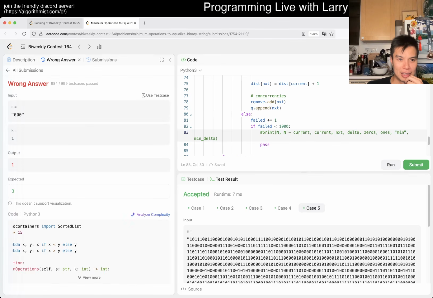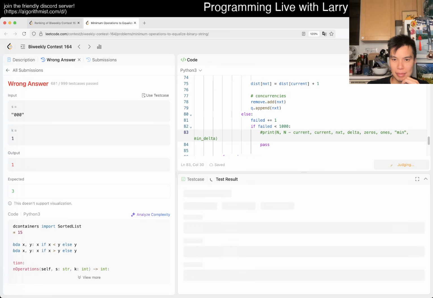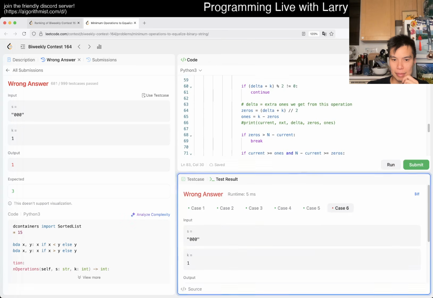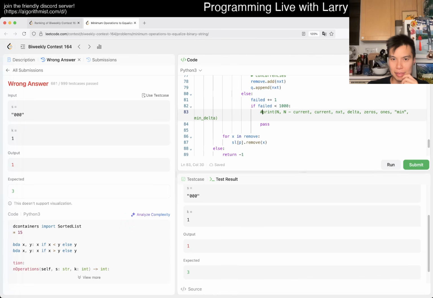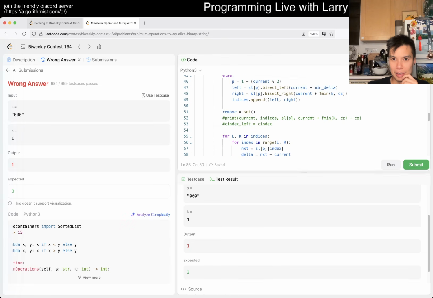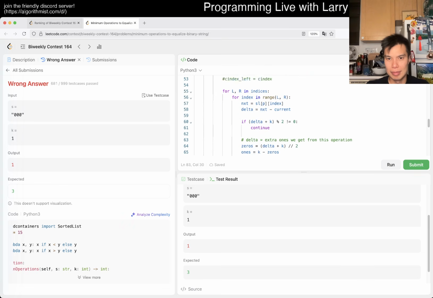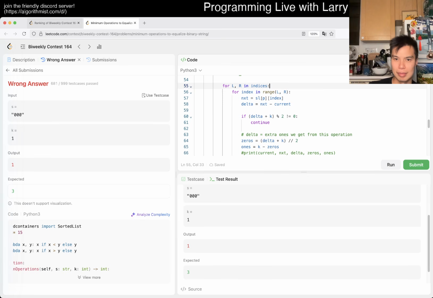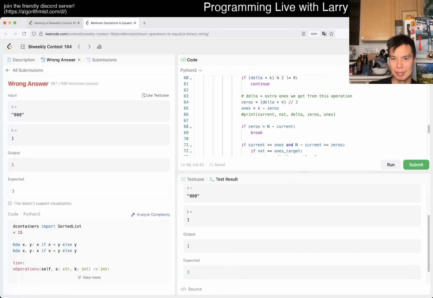Okay, what is this again? 1, expected 3. Why is this giving me 1? Why would this give me 1? It doesn't even make sense. I guess this line it is.